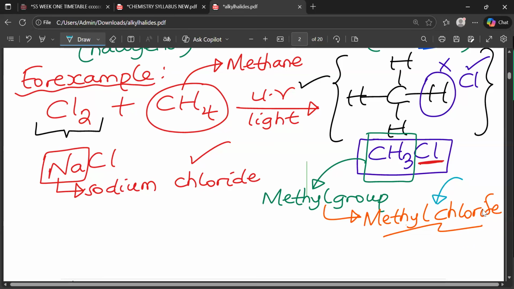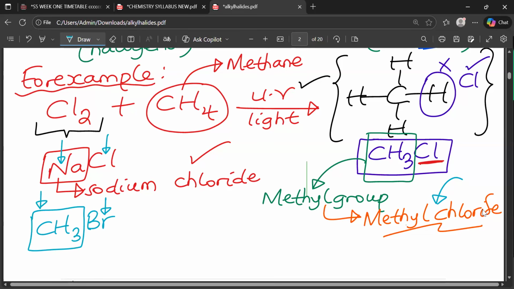This one I've told you it is sodium chloride. So if you want to name something like CH3Br, the same way you named sodium chloride, you'll be like, this is a methyl group. So you say methyl bromide. Because we believe bromine reacted with something to come up with that.